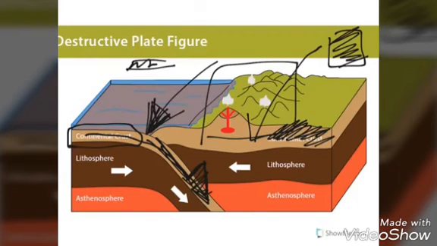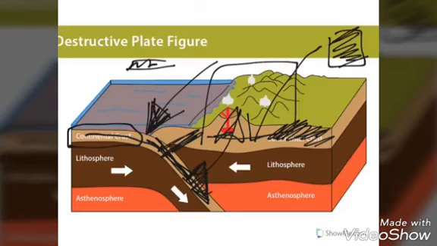This is because of the friction between the moving plates. So as it goes underneath, it actually pushes up and helps create the mountain range. Alright? Now this sometimes can cause a lot of pressure and it can create earthquakes and volcanic eruptions.